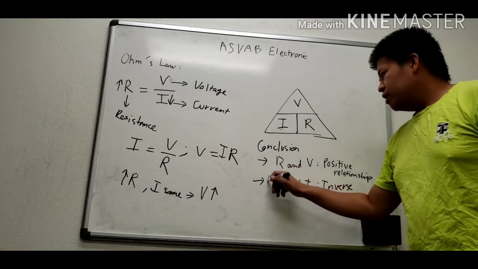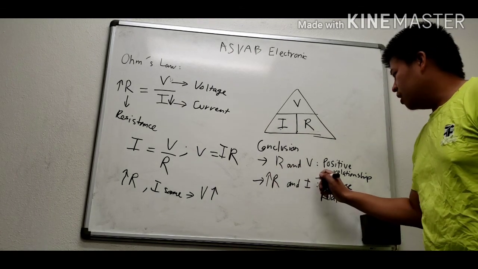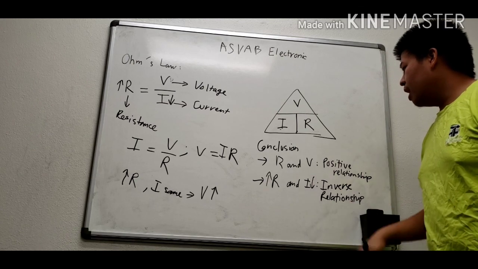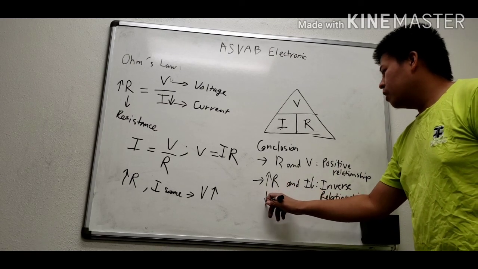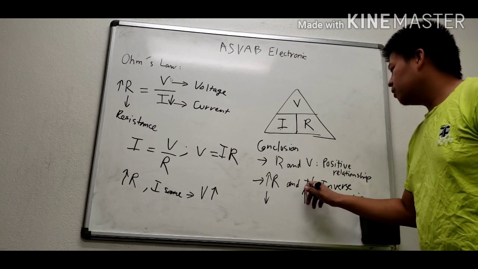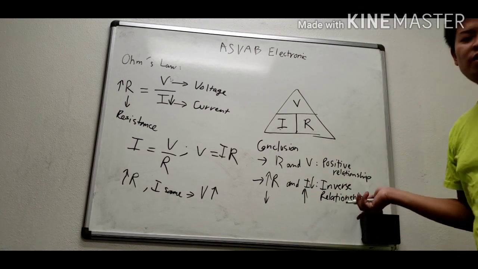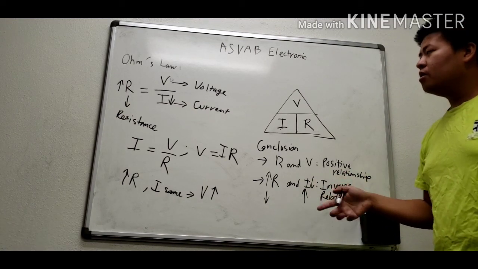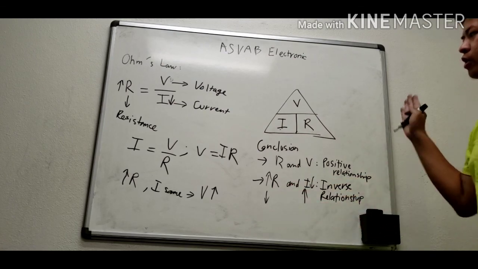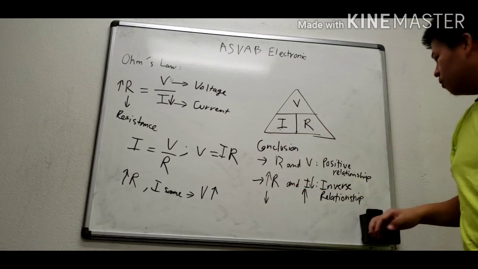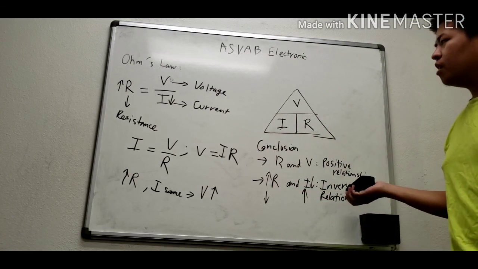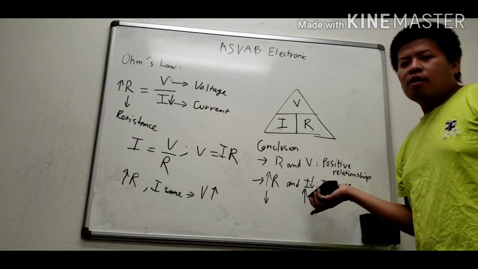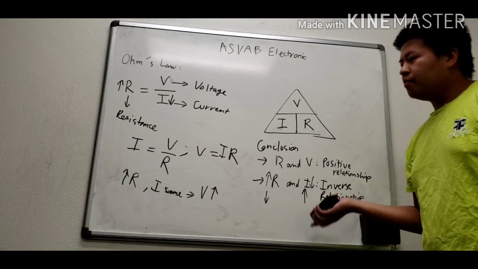For example, if R goes up, I goes down. If R goes down, I goes up. So they have an inverse relationship in Ohm's law, and this is the only information about Ohm's law that we need to learn and apply for the exam.